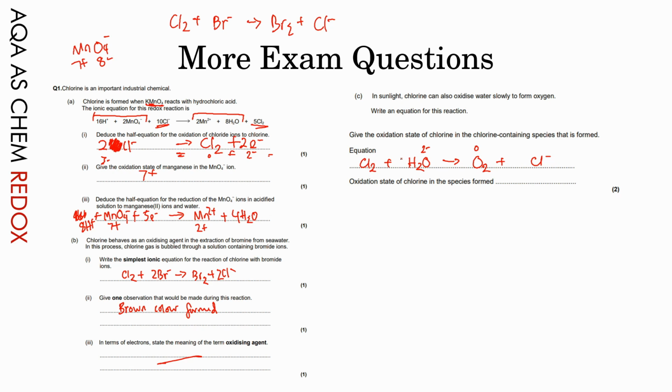Right, so we need at least 2 of these to get that. But then we need to balance this out. There's 4H plus, 2Cl minus, but that doesn't quite balance.